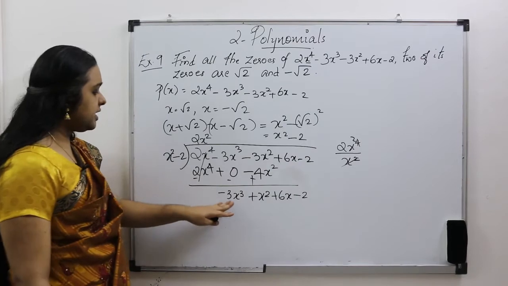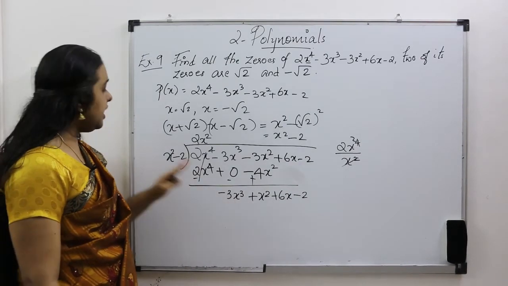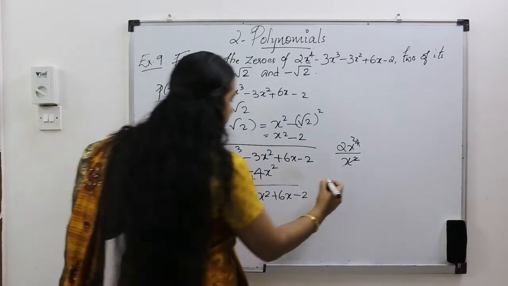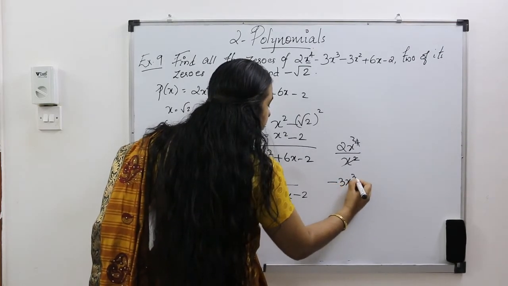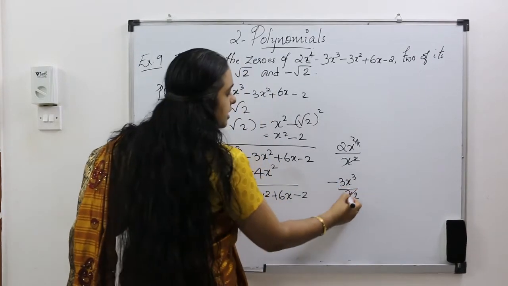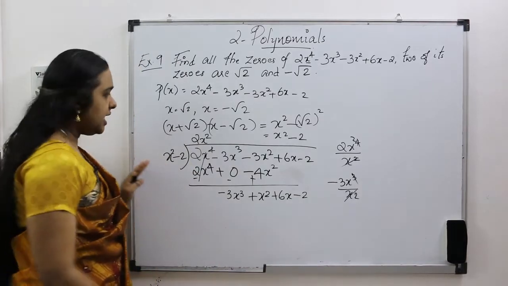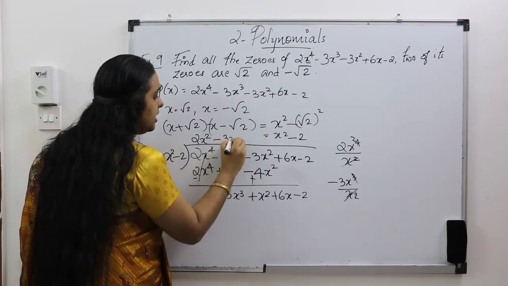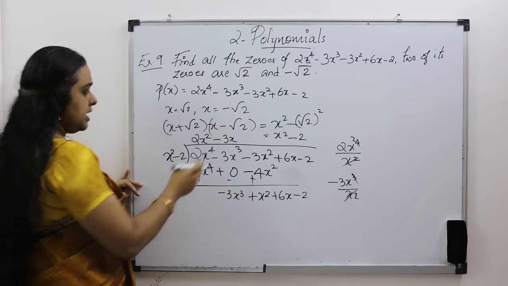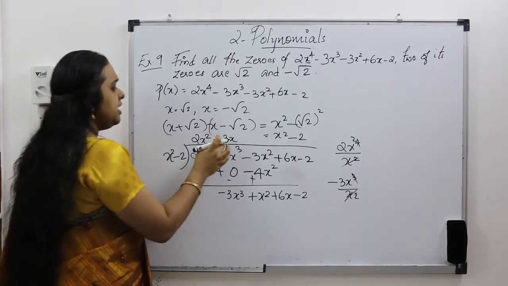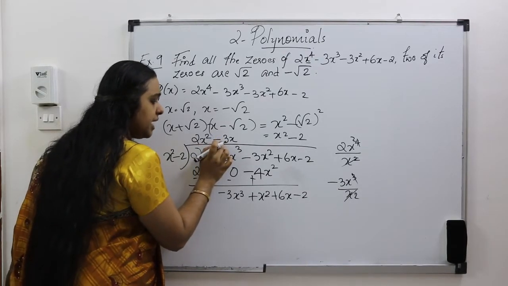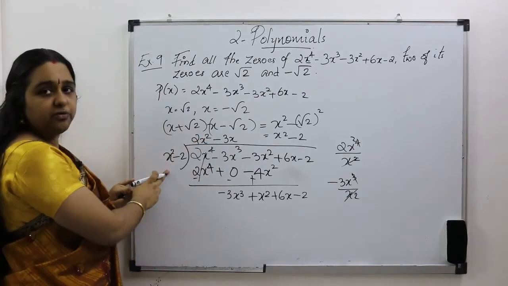Then what will we do? We will take the first term of our new dividend and divide it by our divisor, that is minus 3x cube by x square. This will become minus 3x. That we will write in the quotient, minus 3x. Then same step, we are going to multiply minus 3x with each term of the divisor.